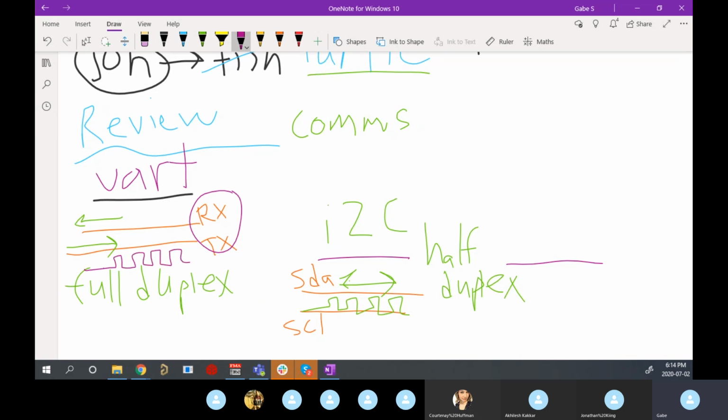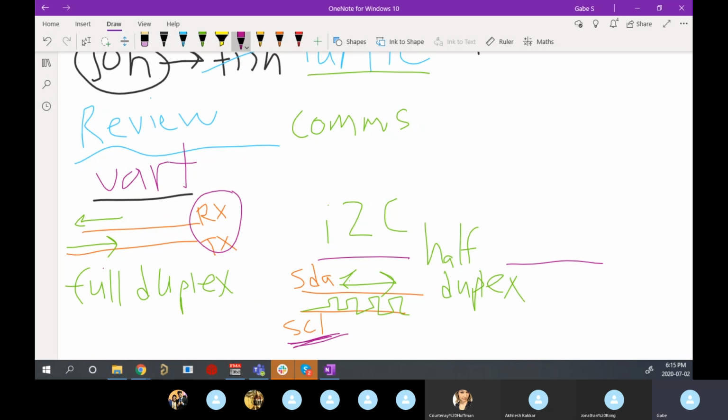And we called that an asynchronous protocol because the two things communicating to each other didn't have the same point of reference. They weren't synchronized. Whereas in I squared C, you have this synchronization with the clock being shared between all the people communicating with each other. Cool. Anything else?